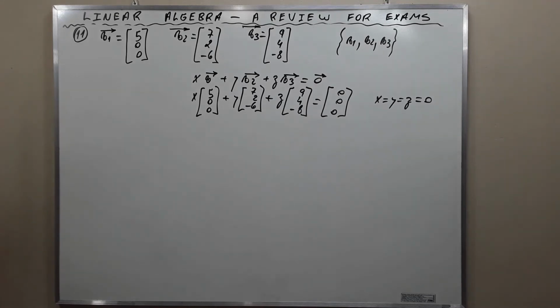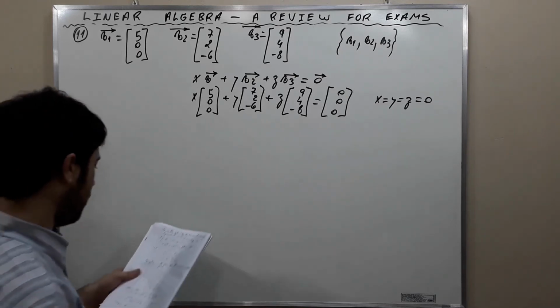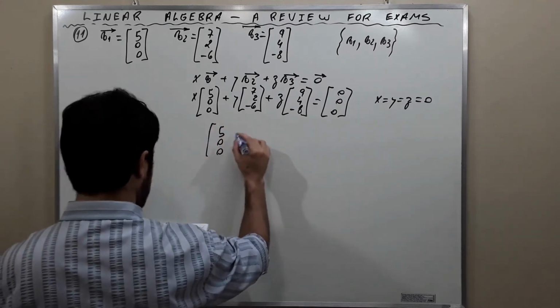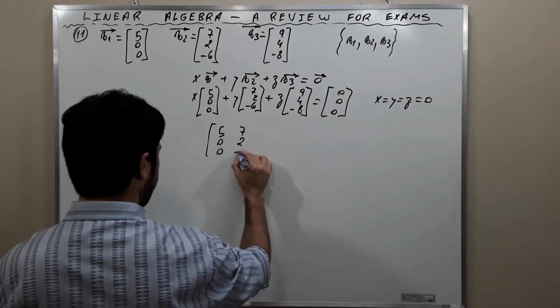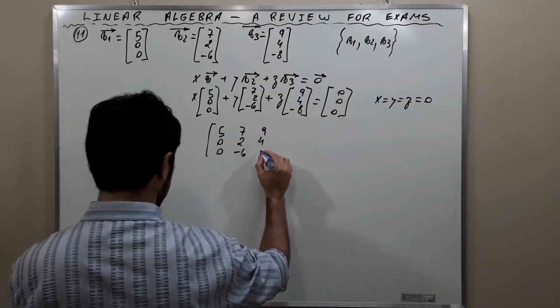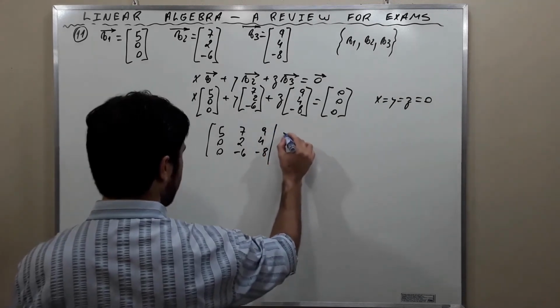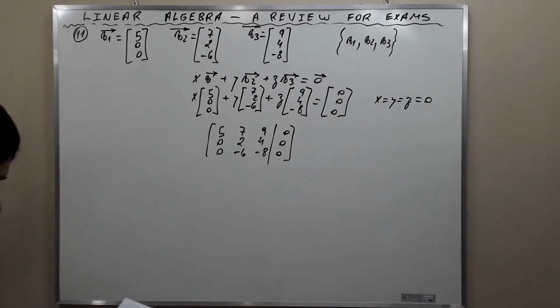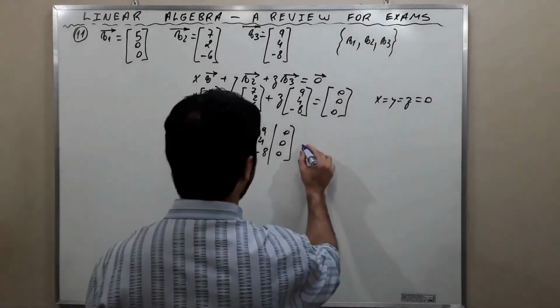Let's inspect the augmented matrix and see if we can find a relation that is better for us to visualize if they are linearly dependent or linearly independent. Okay, the augmented matrix is this, and if we operate on the rows of this augmented matrix, we find this.